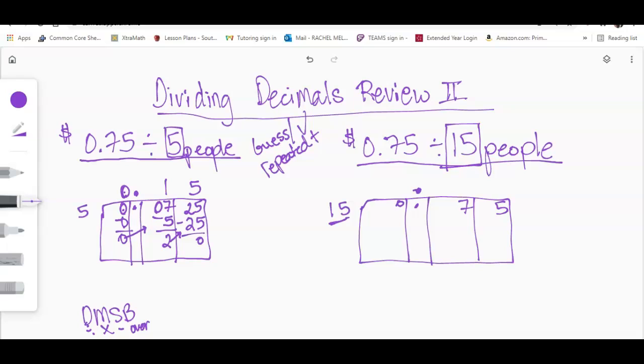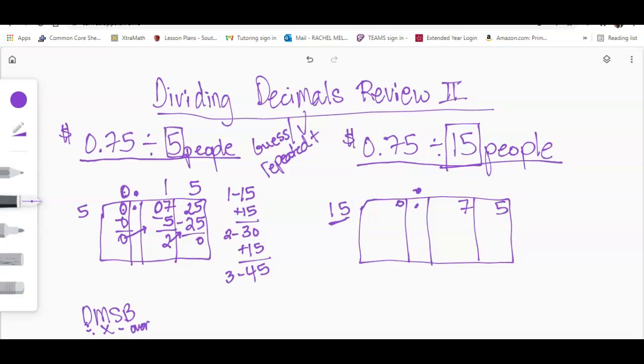Repeated addition is saying, okay, one group of 15 is 15. If I add another 15, that's my second group. And I add another group of 15, that's my third group, and so on.